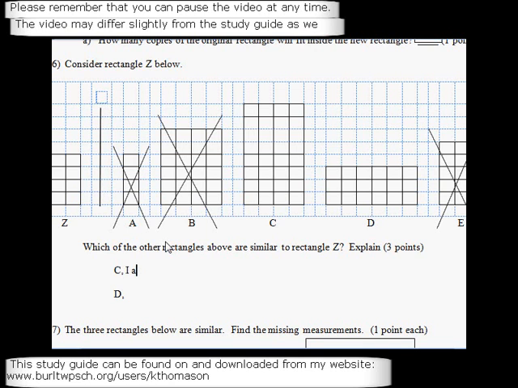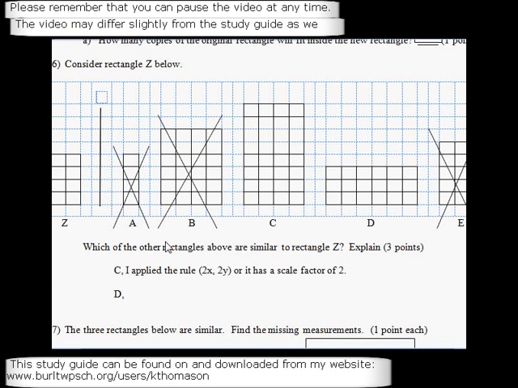C works because I applied the rule 2x, 2y, or you could say it has a scale factor of 2.